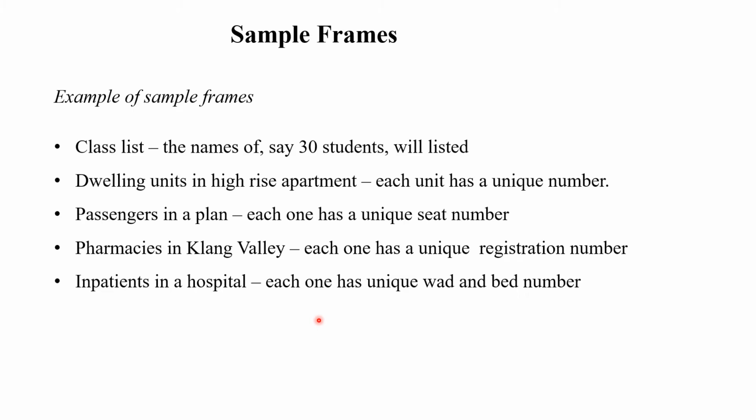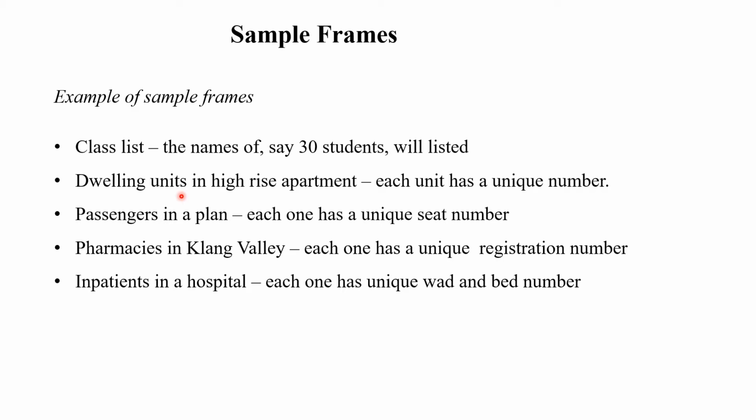So what can be a sample frame? Some examples. Class list, the names of, say, 30 students. Dwelling units in a high-rise apartment. There will be, let's say, 20 stories, each level with 20 dwelling units. So 20 times 20, there are 400 dwelling units.